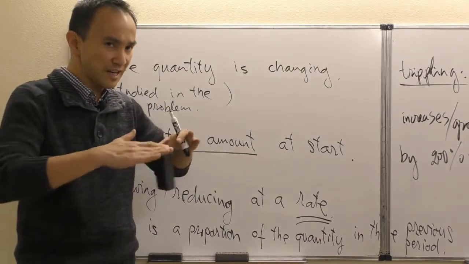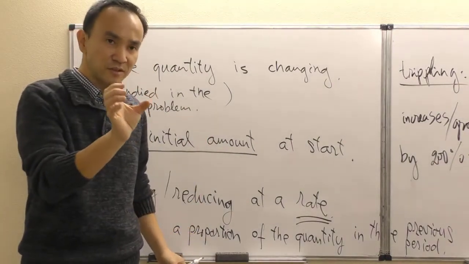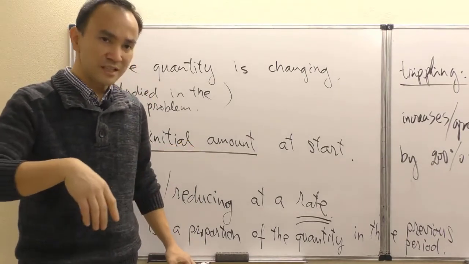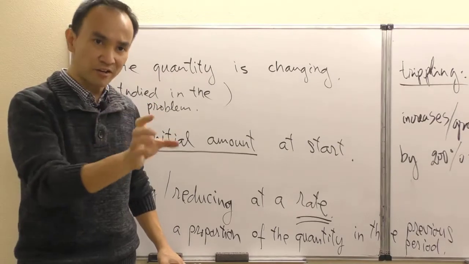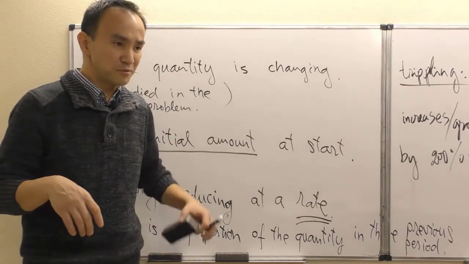Some of those are looking at per year, so each year is a period. Some of the other problems are talking about per hour, so each hour is a unit or period of time. Or per month or per day.